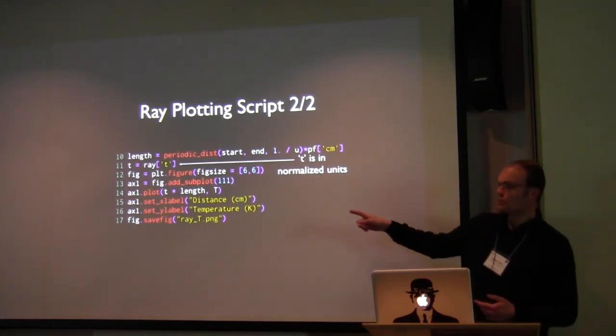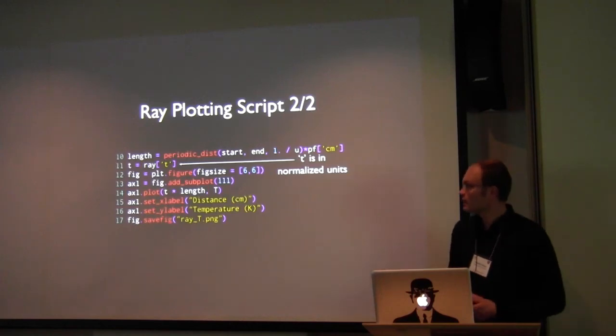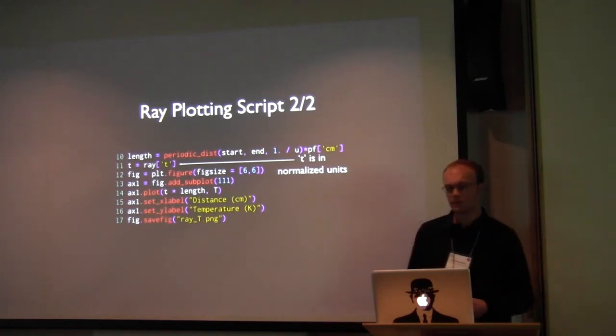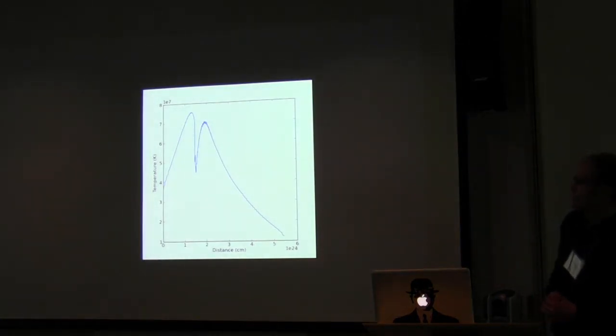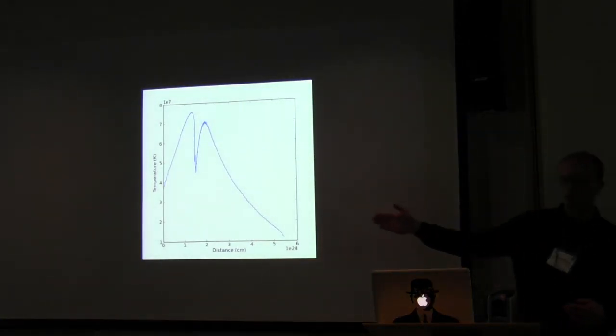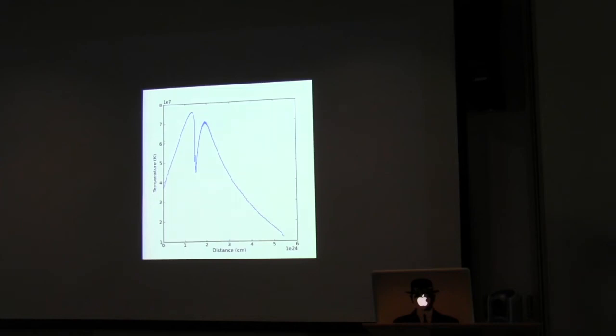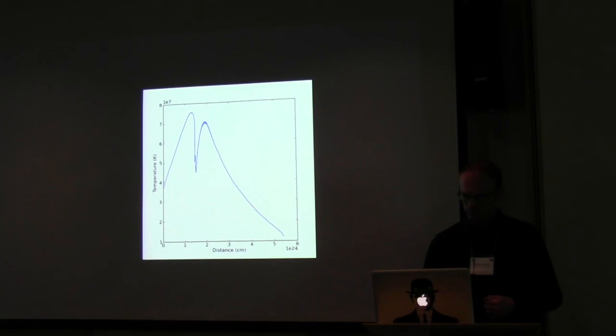And then I'm also plotting capital T, which is the temperature. And then I'm setting my axes labels, and then I'm saving. And I get this. So I have physical temperature in Kelvin, and I have physical distance in centimeters. And this is what the temperature looked like on that ray through the sloshing data set. Any questions about rays?